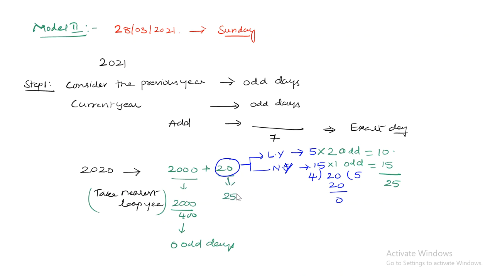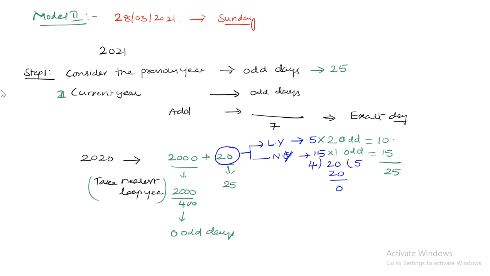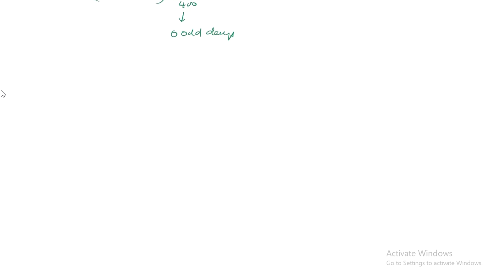So according to the concept, consider the previous years and find out the odd days. So there are 25 odd days present in the year 2020. Now the second step is to find the current year's odd days. Okay, now the current year's odd days we'll take here.